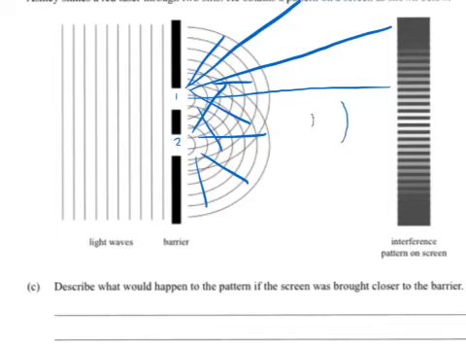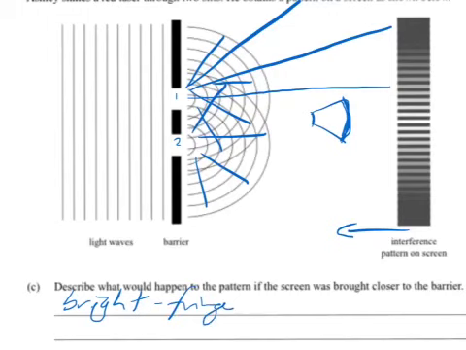So as it spreads out, the energy of the wave, or we might say the intensity of the wave, is going to disperse more. So the further away it is, or the screen's coming closer, it would result in bright fringes. So the bright parts will be brighter.